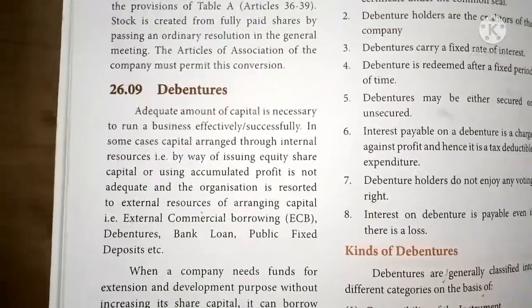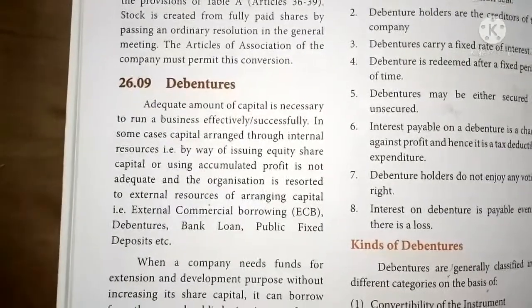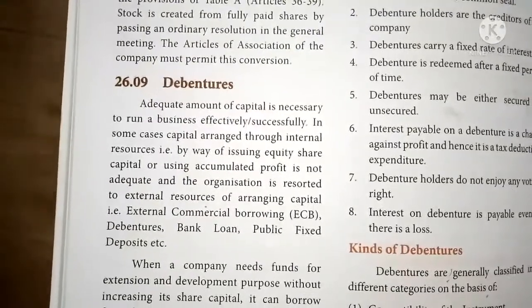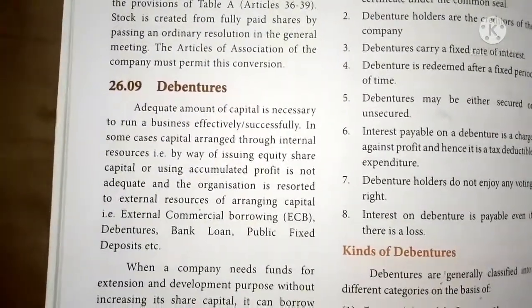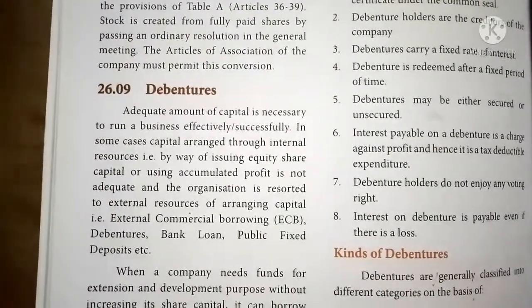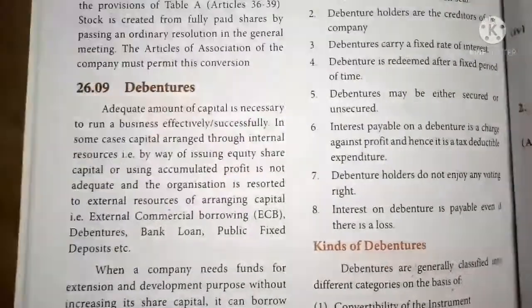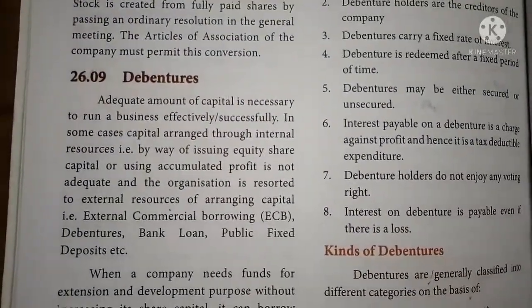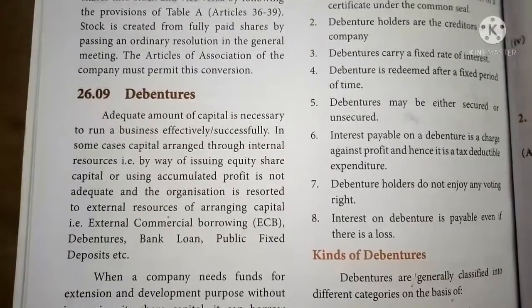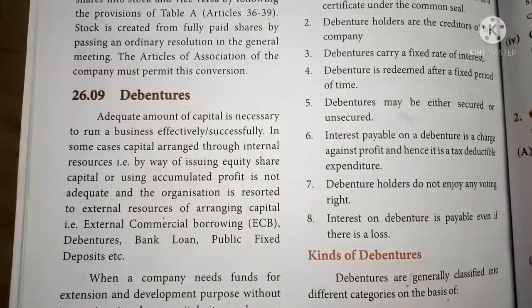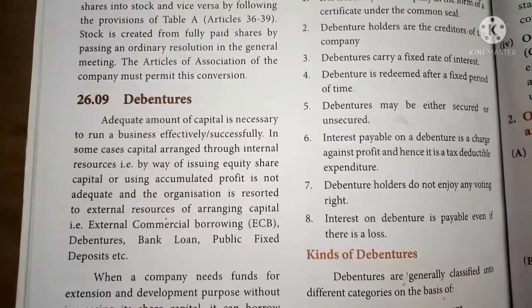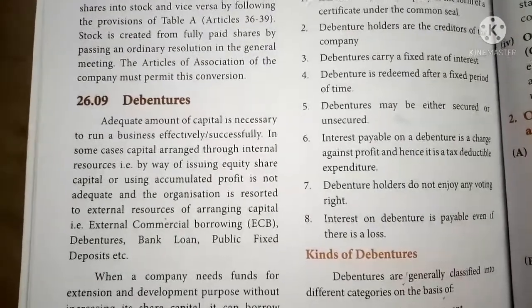In some cases, capital arranged through internal sources, by way of issue of equity shares or using accrued profit, is not adequate, and the organization resorts to external sources of capital. External sources include external commercial borrowings, debentures, bank loans, public fixed deposits, etc. The company has already issued shares as an internal source, so these are the external sources for the company to raise capital.